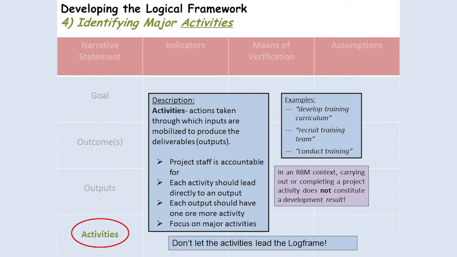There's no point in having it there if it's not going to lead towards our outcome. And each output should have one or more activity. And you want to focus on major activities in the log frame. So you'll have other documents where you can define sub-activities, but in your log frame, you want to focus on the major activities.